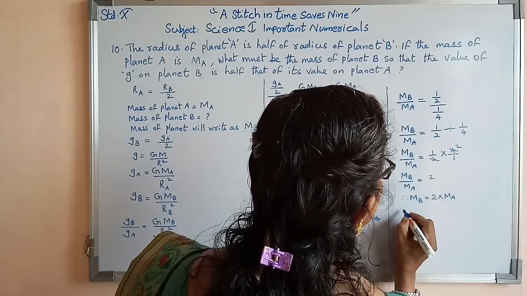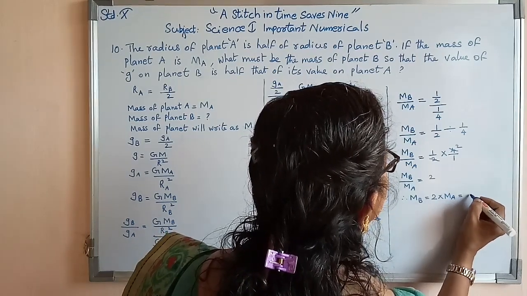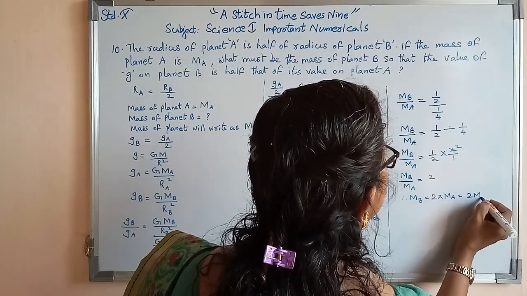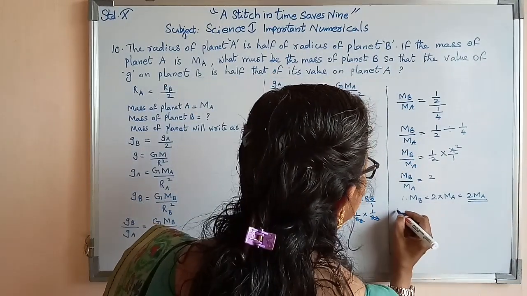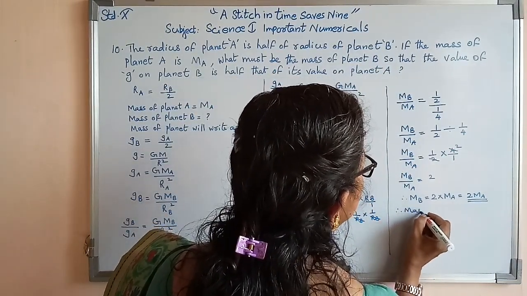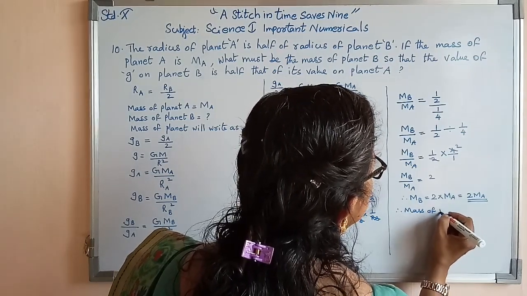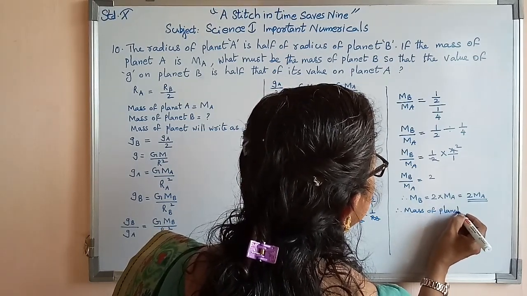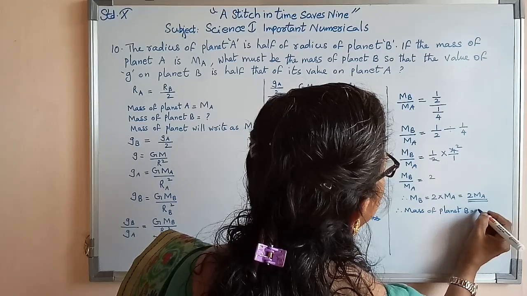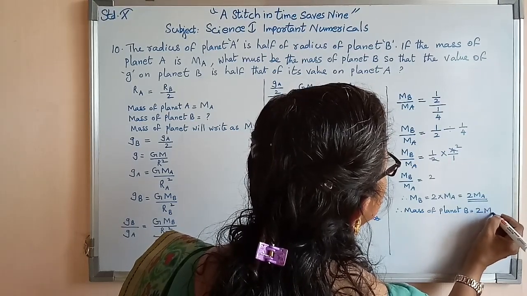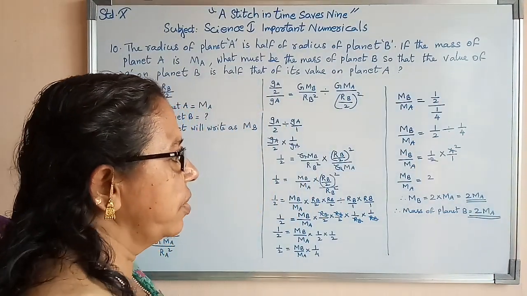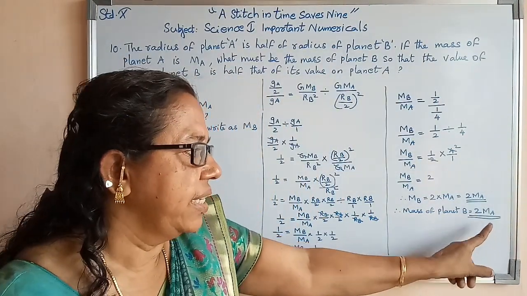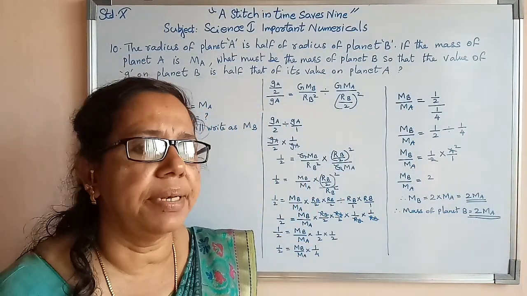So we can say that the mass of planet B is equal to 2Ma. That means the double of the mass of planet A will be the mass of planet B.